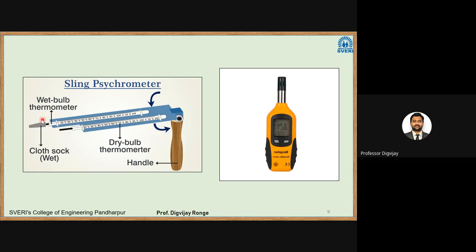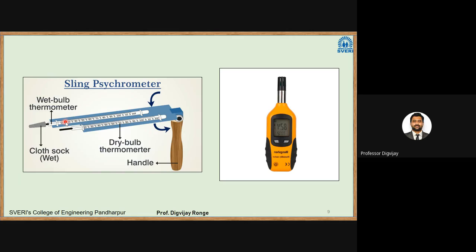At the bottom of this thermometer, it is covered with a wet cloth. Because of this, what will happen? There is evaporation of water particles, and because of that, the temperature will be reduced. So another thermometer will give you the wet bulb temperature. The first thermometer will give you the dry bulb temperature. This will give you the wet bulb temperature.